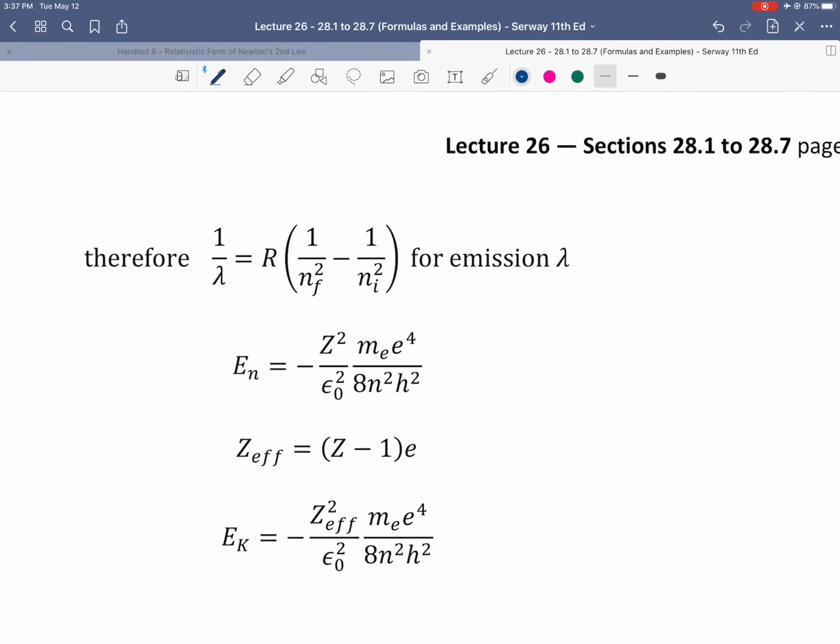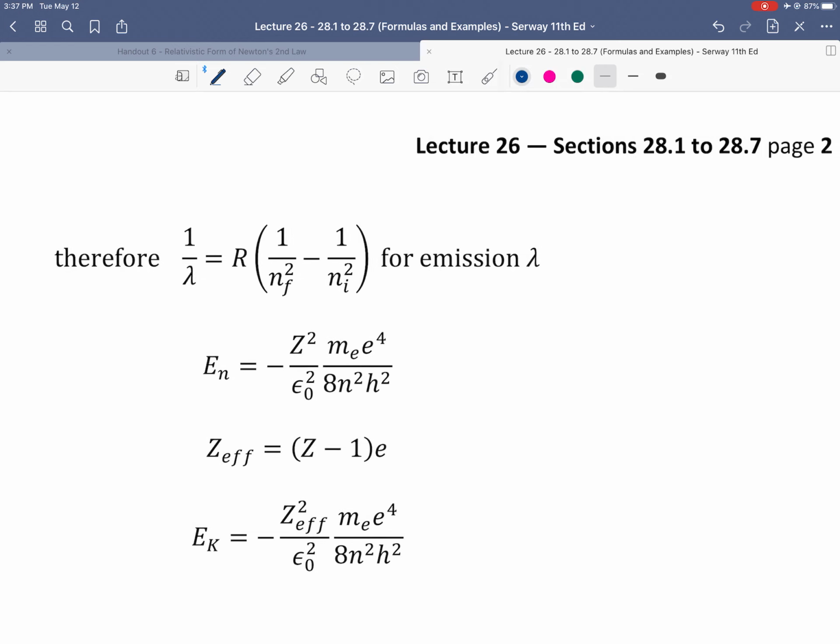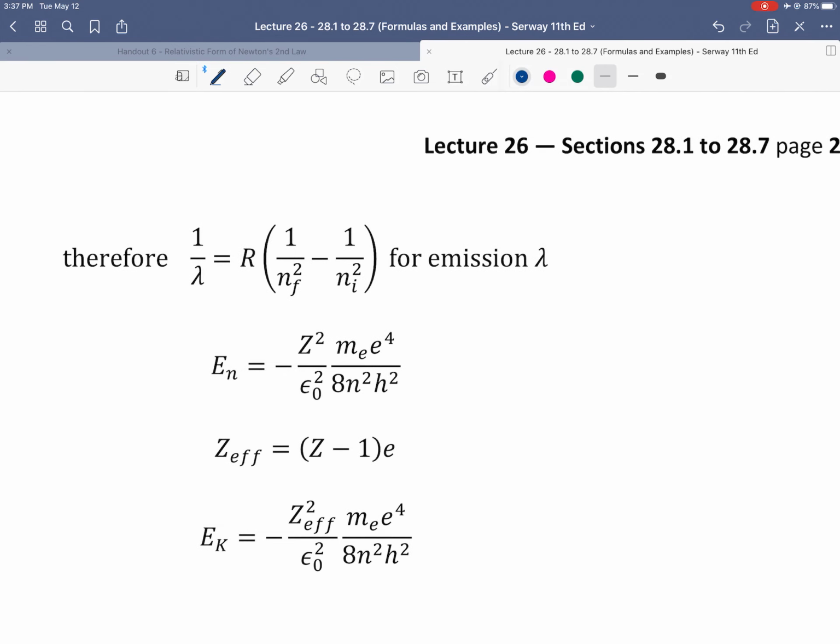So this is for emission: lambda, the wavelength of emitted light.